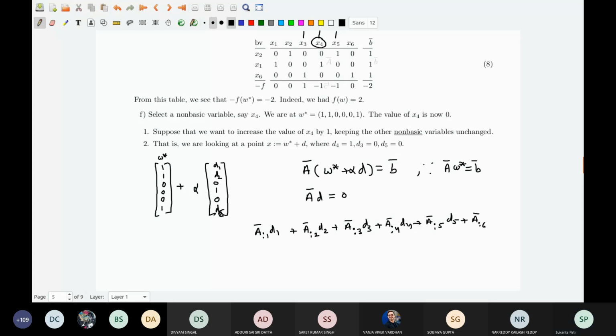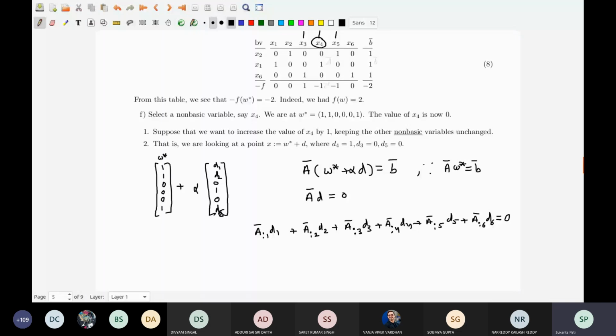What is A bar column 2? Now look, A bar column 2 here is 1 0 0. Remember, x2 was your first basic variable, so this is 1 0 0, this is 0 1 0, and d3 is 0. Remember, according to your choice, d5 is 0.